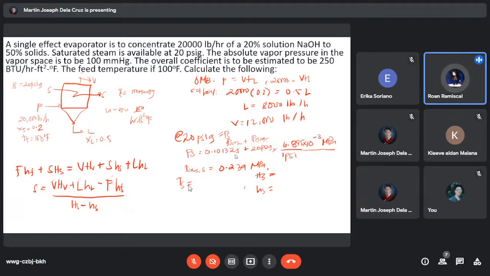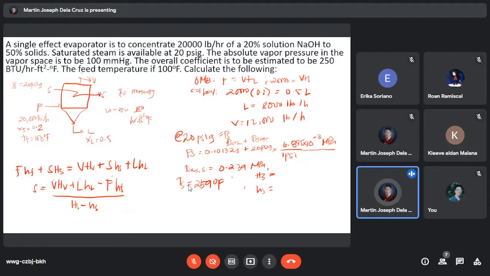Kelvin, sir, 398.98. 398.98 Kelvin. Should be 259 degrees Fahrenheit or 258.49494, no? So, gawin ko na lang 259 degrees Fahrenheit. How about the others?